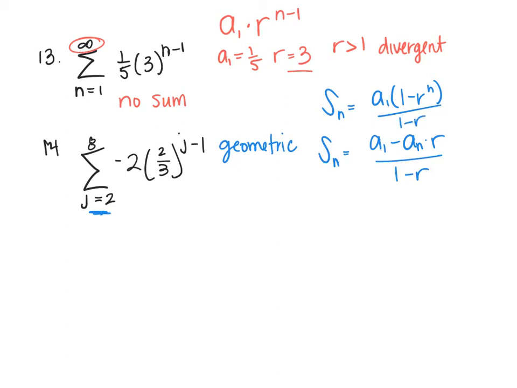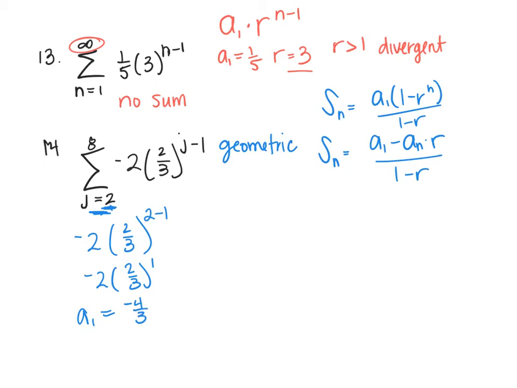Either one is going to work, but the bottom line is we have to actually plug in j equals 2 to find what that first term is going to be. So it's negative 2 times 2/3 to the 2 minus 1 power. So negative 2 times 2/3 to the 1. And so my a1, my first term in this series, is going to be negative 4/3.